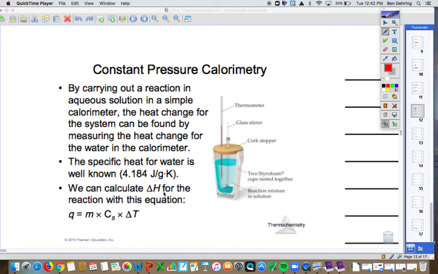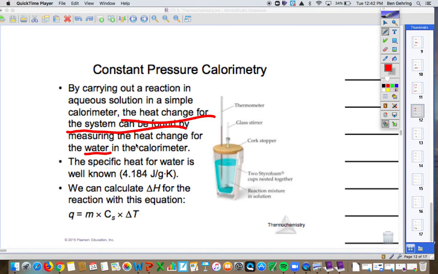If we carry this out in an aqueous solution, it keeps the pressure of the reaction constant, which works out really well. The heat change for the system in an aqueous solution can be found by measuring just the heat change of the water.